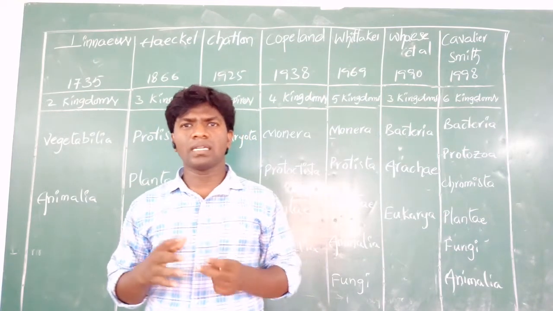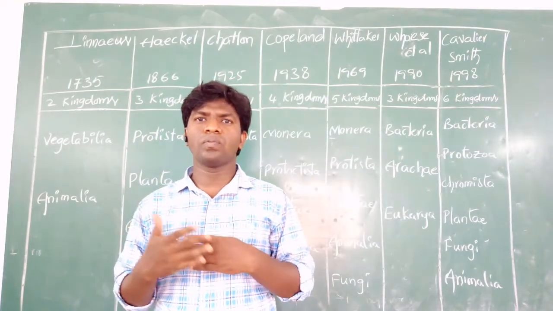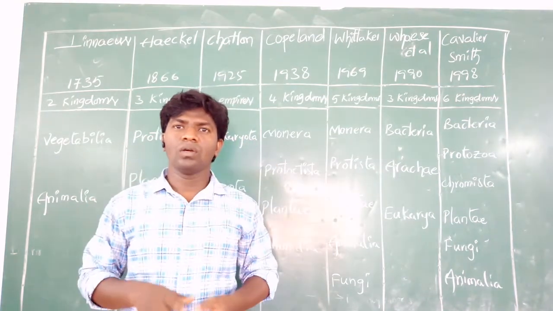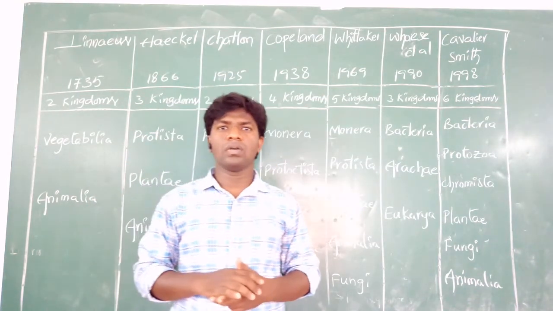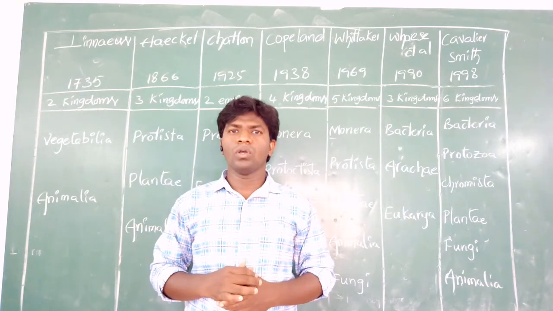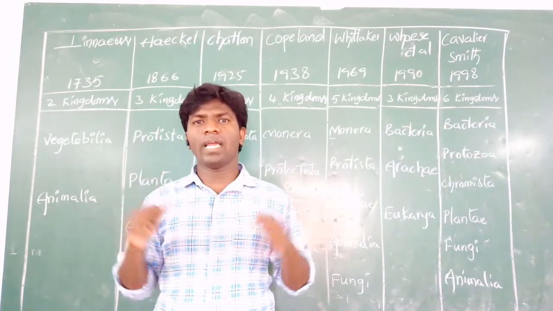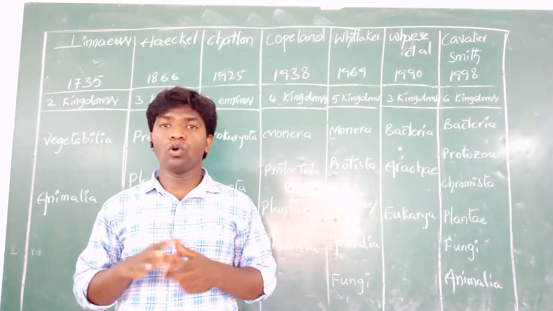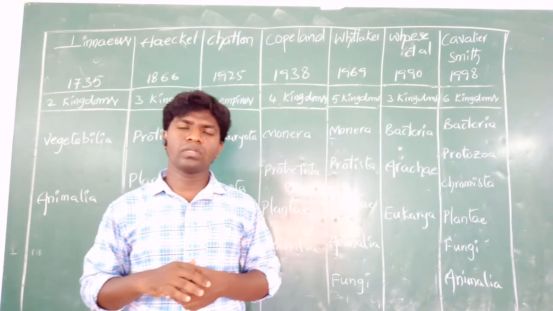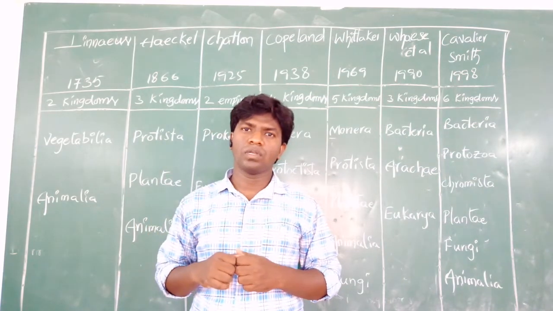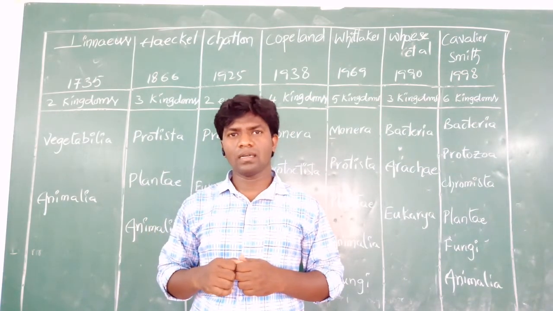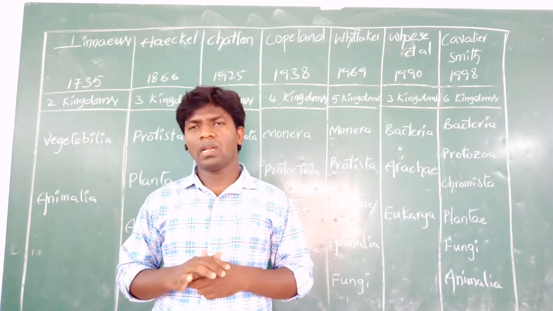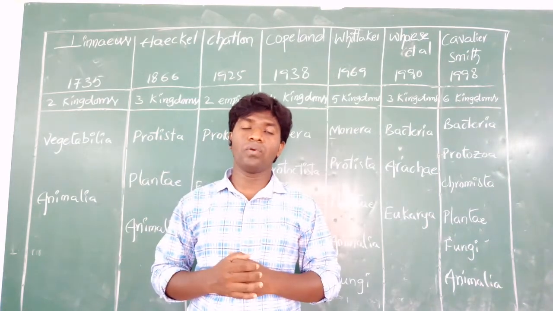They get nutrients and energy by absorption, digesting the surface where they are living through thread-like parts of their body. Most of these fungi reproduce by spores. Examples: yeast, mushroom, bread molds, and lichens.